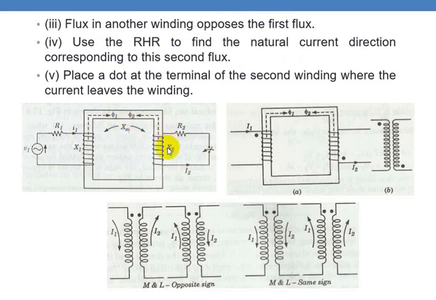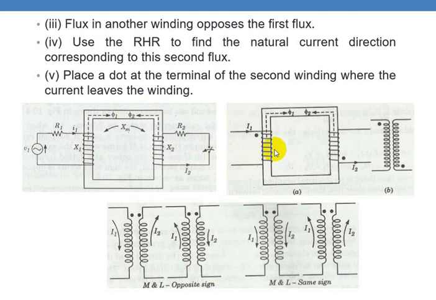Now again use the right hand rule to find the natural current direction corresponding to this second flux. Now we know the flux direction, you can determine the current in this winding. For example, this is the current direction. So the current leaves from this terminal of the second winding to produce flux in this direction.